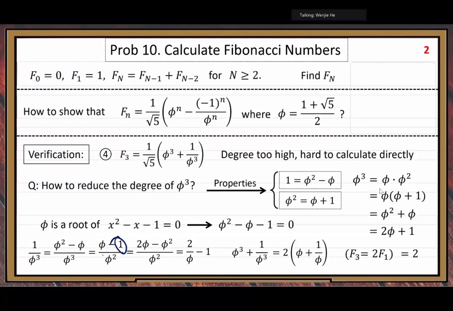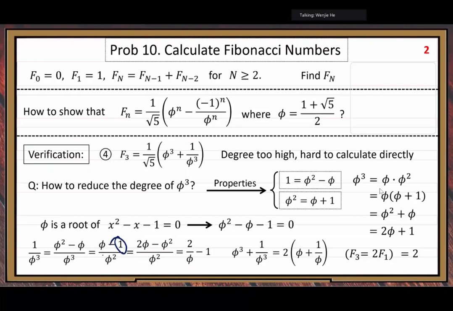That's the same as we calculated from the original recurrence relation, right? So here are 2 different ways to calculate F3: one way using this formula, another way using the recurrence relation. And these 2 ways point to the same number. So that's our verification step number 4.